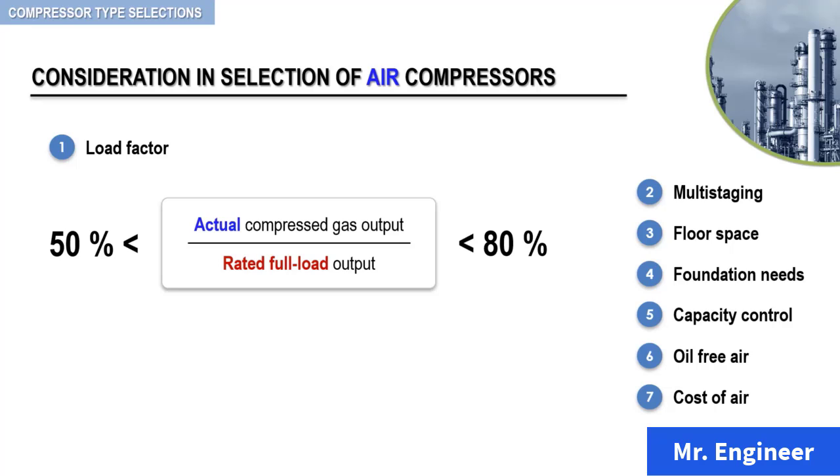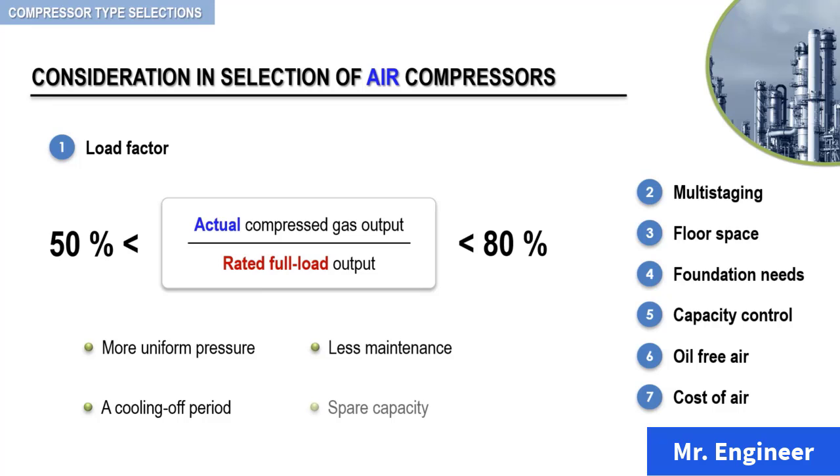Proper use of load factor results in more uniform pressure even during peak demand periods, a cooling off period which is extremely desirable for air-cooled units, less maintenance, and spare capacity, or in other words, the ability to increase use of air without immediately increasing the plant size.